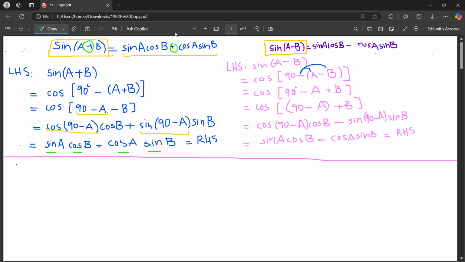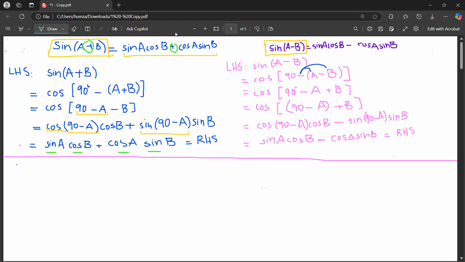You will be able to identify different formulas given to you to use in the compound angles. That is your sin A minus B, which is equal to sin A cos B minus cos A sin B, and cos A minus B, which is equal to cos A cos B plus sin A sin B.